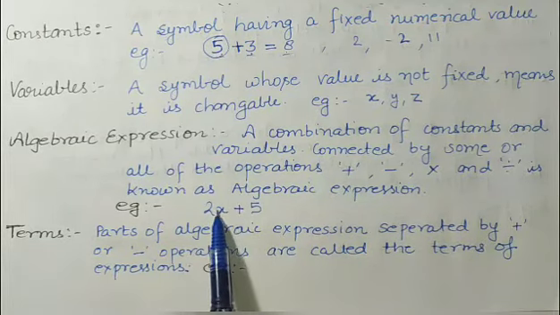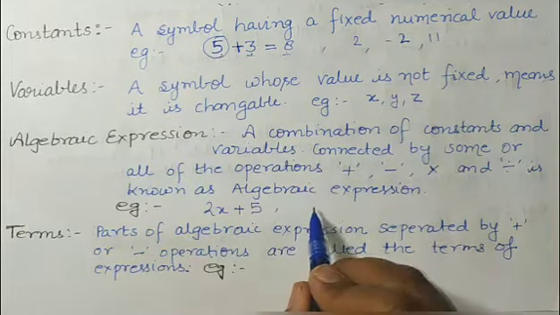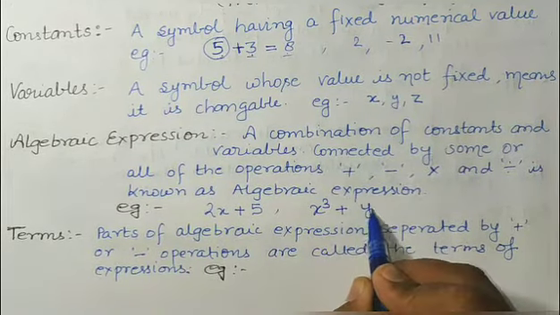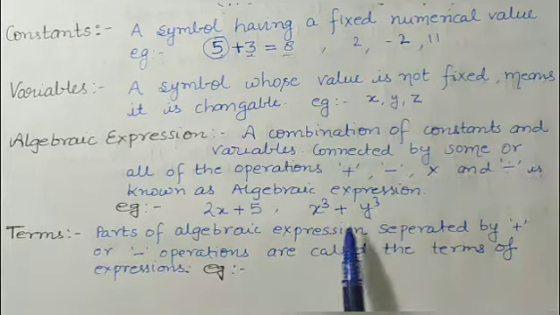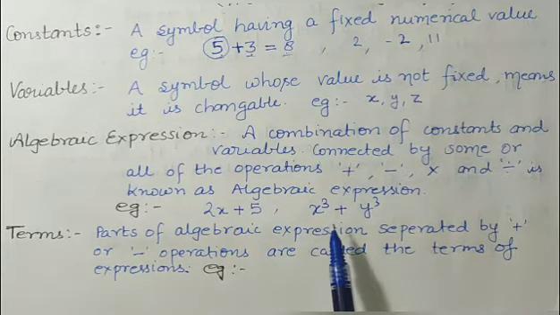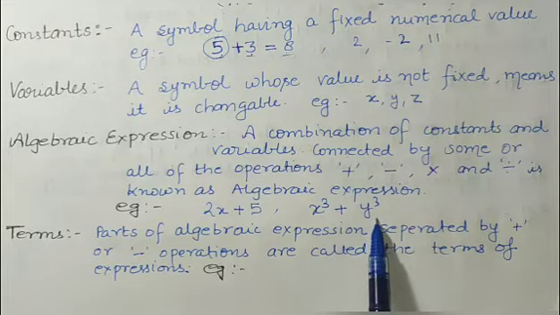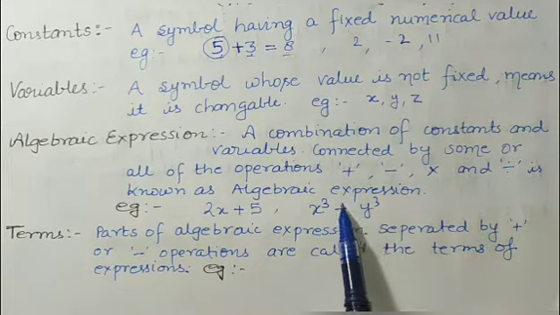It is also connected by a multiplication sign. If we write more examples, x cube plus y cube. This also is an algebraic expression, because two variables are there, one is x and one is y, and the power of both is 3 and they are separated by a plus sign.